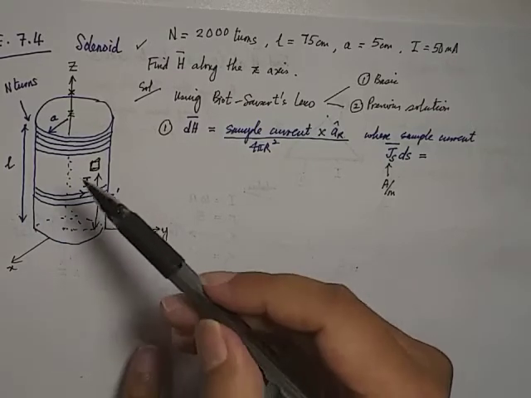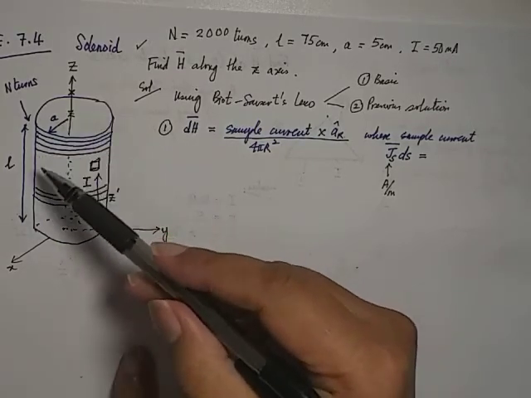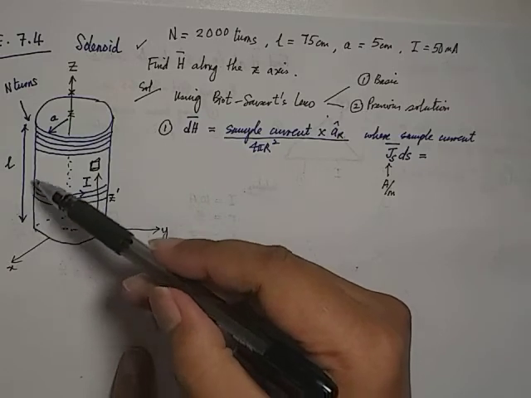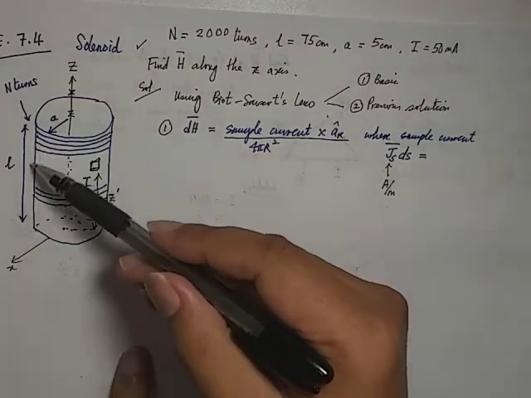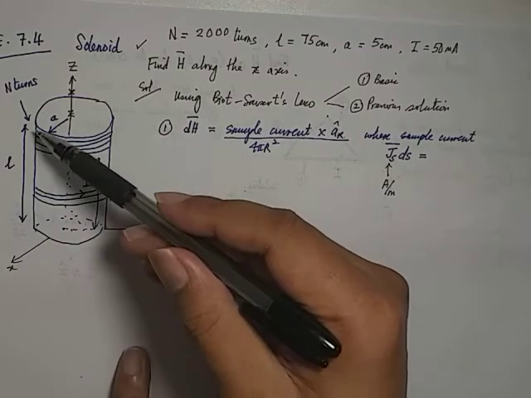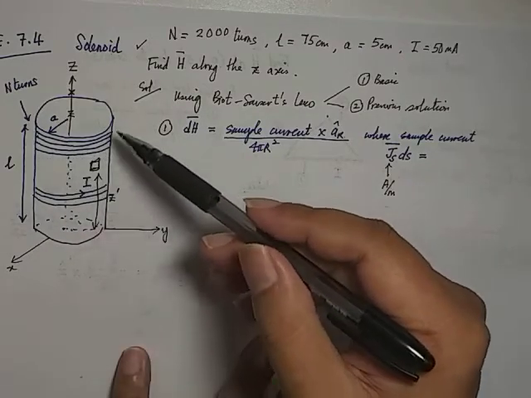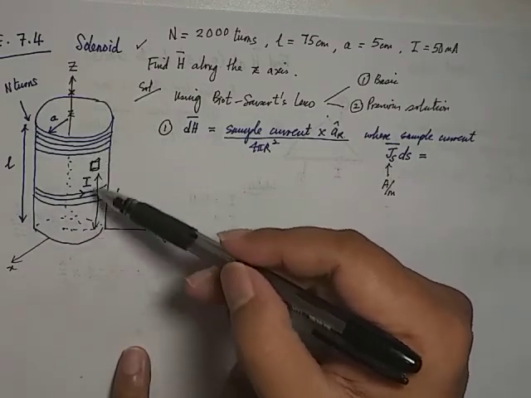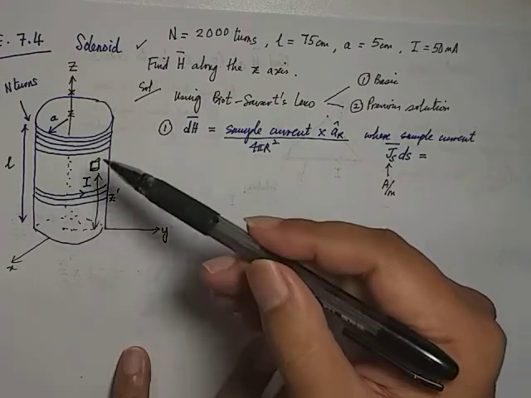So how do we define ampere per meter here? I can see from this diagram, referring to this particular part of the diagram, current coming out along this side of the cylinder and current going into the other.